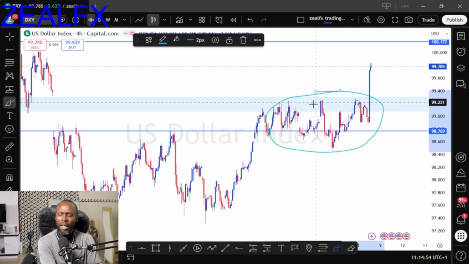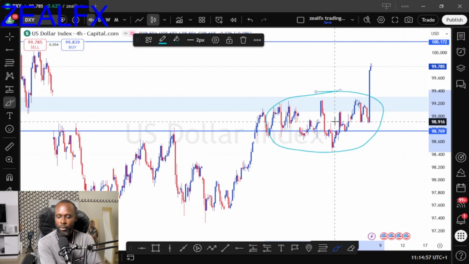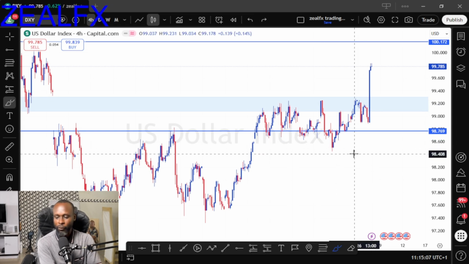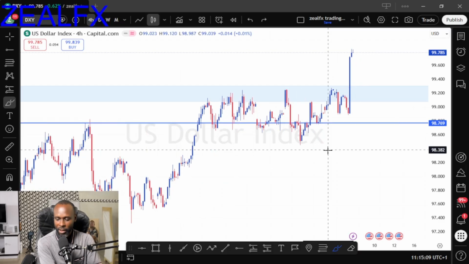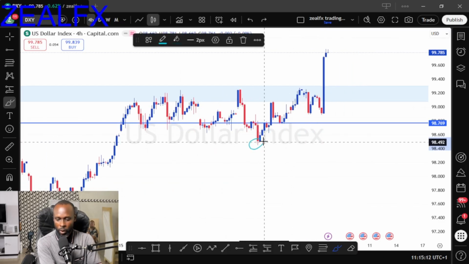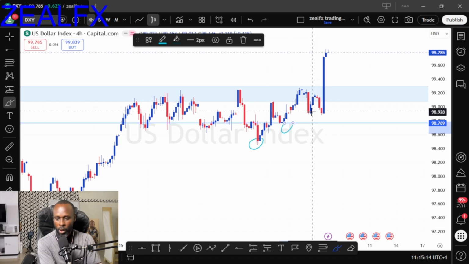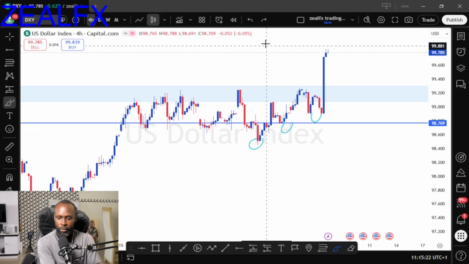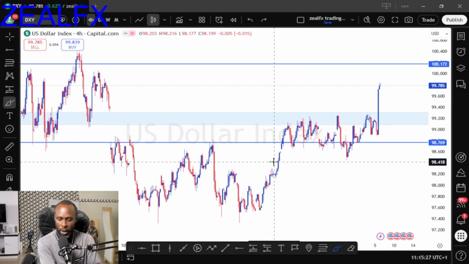Price has truly broken out of the consolidation, which indicates we can start looking for more buying opportunity after the breakout, as we now have a lower low, then a higher low, then a higher low, and a higher low. This series of higher lows indicates more bullish opportunity for the dollar index. So we expect more buying opportunity from the dollar index this coming week.